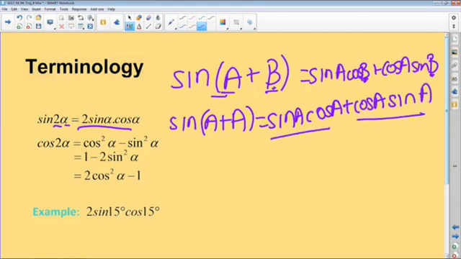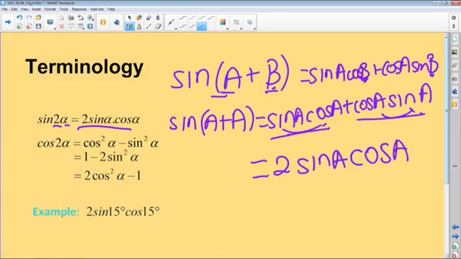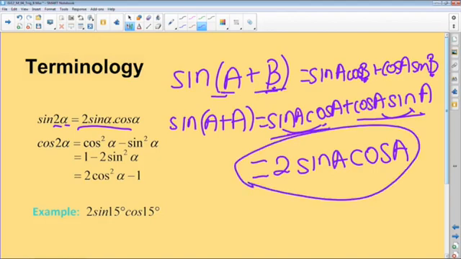Cos A times sine A and sine A times cos A, those are the same things. So I can add the terms together, and it gives you 2 sine A cos A. And that is how you can derive from your compound angle the formula for sine of 2 alpha, or sine of 2 times any angle, for your double angles.